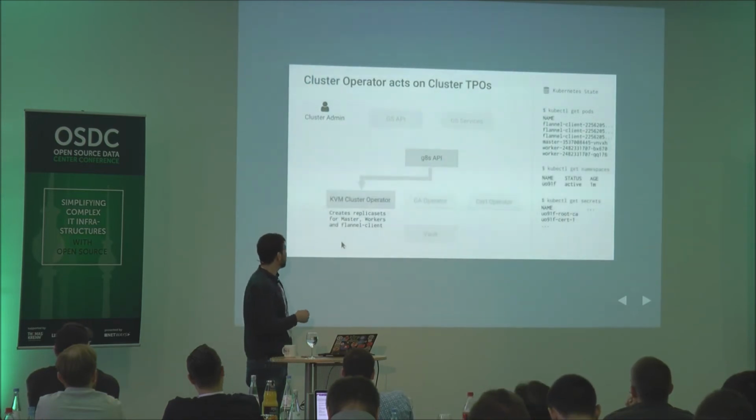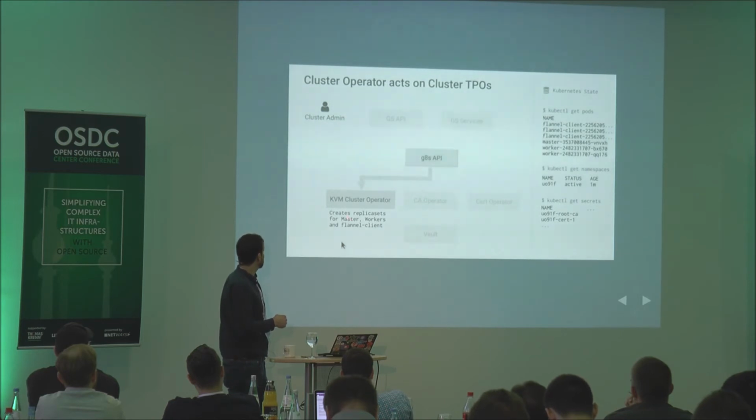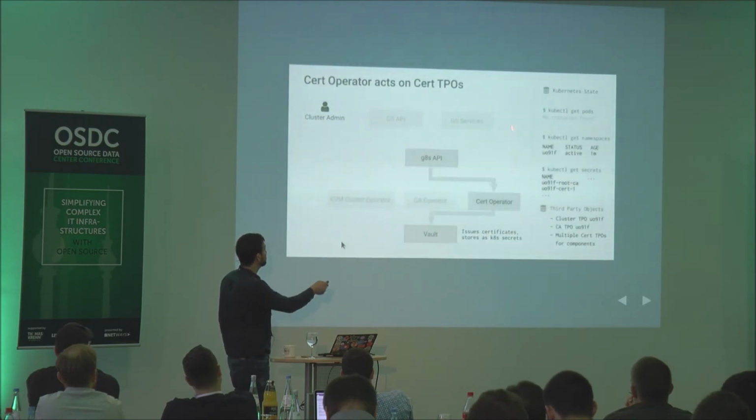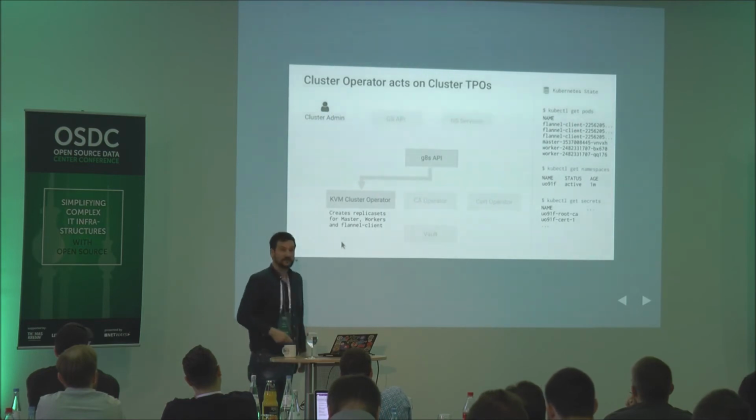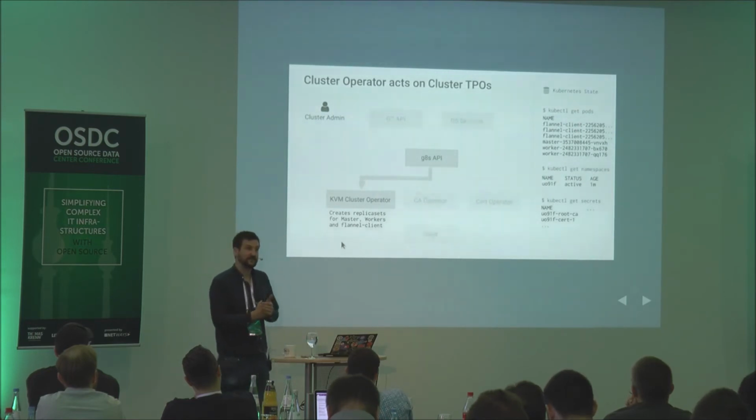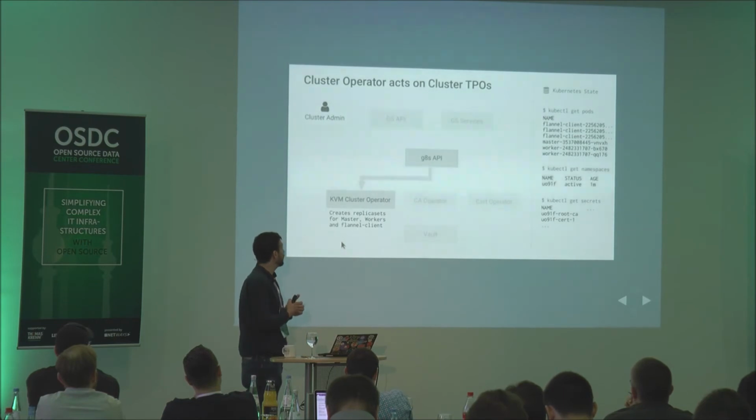And then the KVM operator is able to actually create the cluster itself. And then from here to here you see you have no pods, and suddenly you have Flannel running, a master running, workers running inside the host Kubernetes.